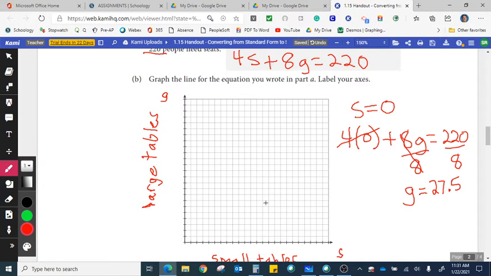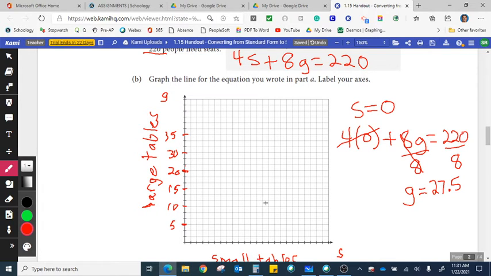So we can go up here, and say every third one is 5. So 5, 10, 15, 20, 30, 35. You can do it however you want.